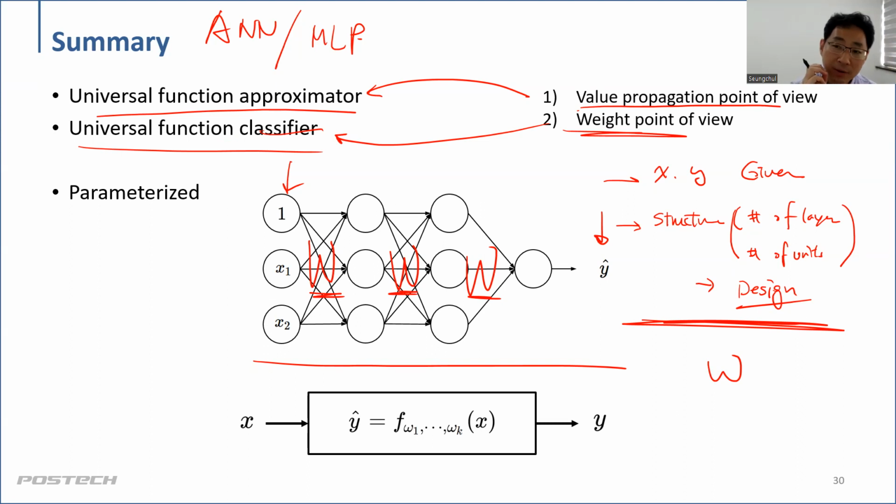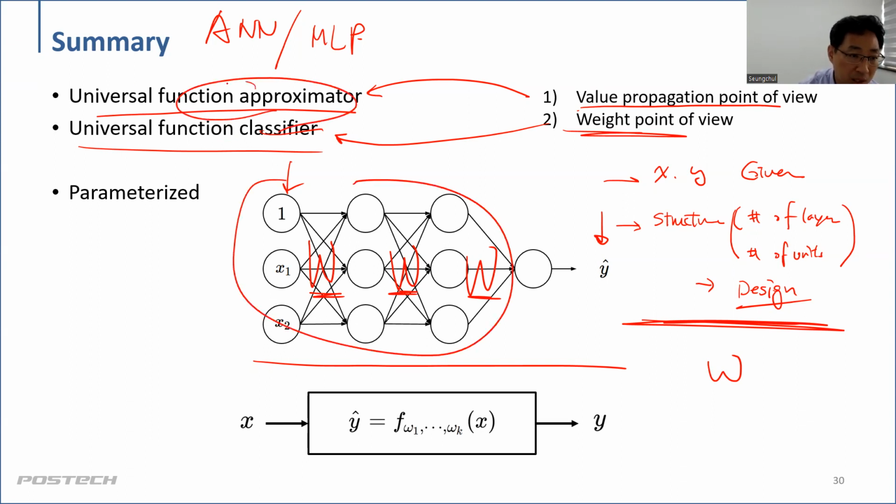After the omegas, now this neural net is working as either a function approximator or a function classifier, universal. So again, we have to find out omegas.